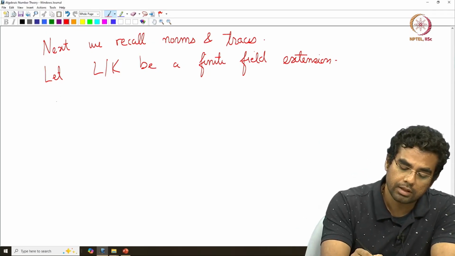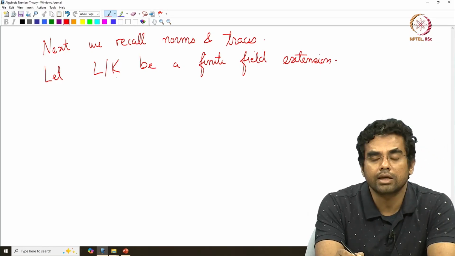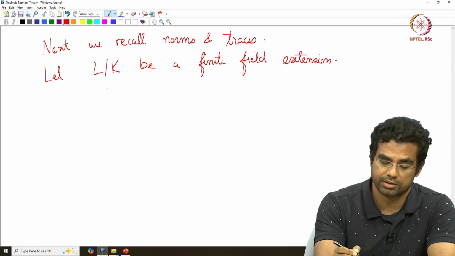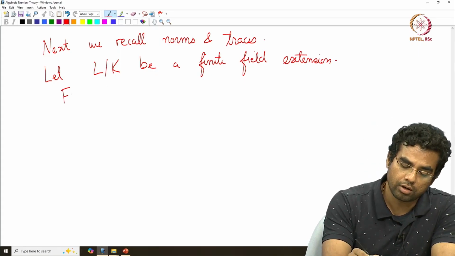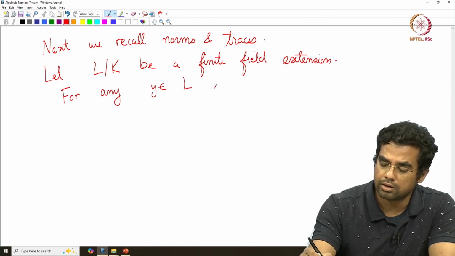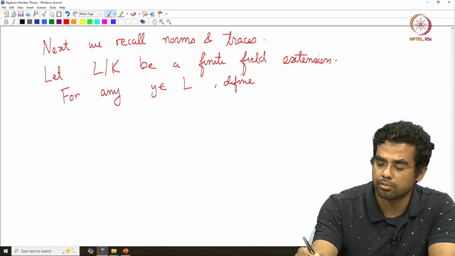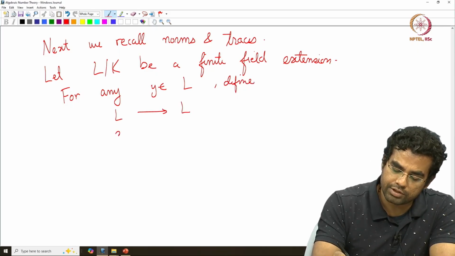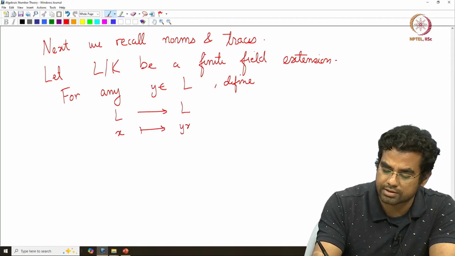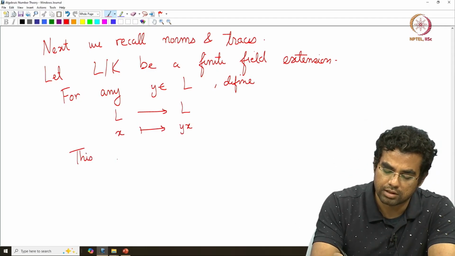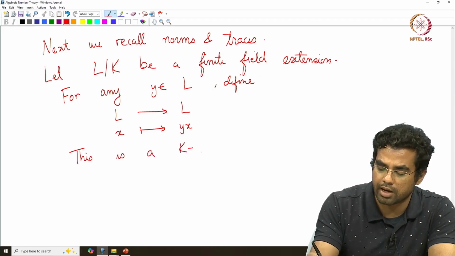Okay. Then as we know, L is a finite dimensional K vector space. So, for any y in L define a map from L to L which takes any x to y times x. So, this is a K linear map.